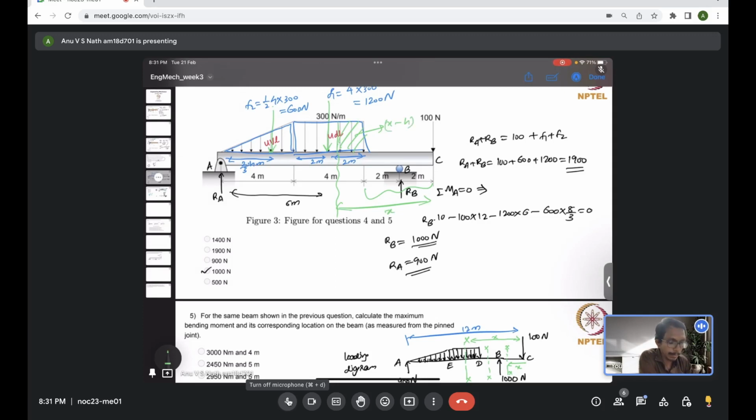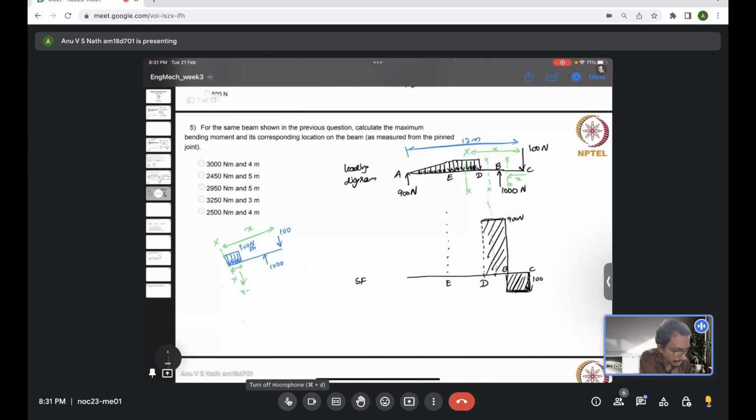If the section I am considering is X units from the end C, the UDL is only distributed over X minus 4 units, because over the remaining 4 units there is no UDL present. Is that clear?